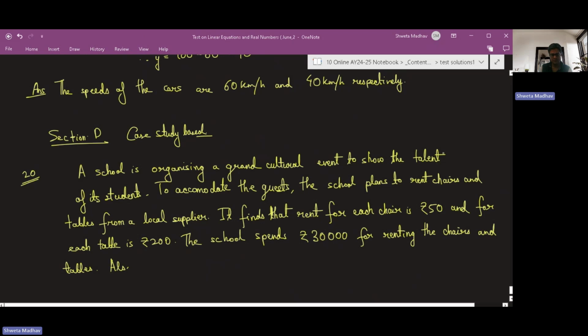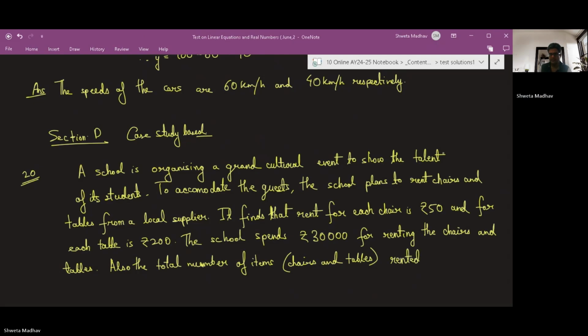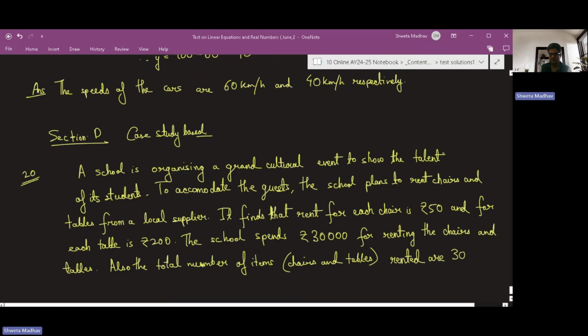Also, the total number of items, which is the chairs and tables, rented are 300.